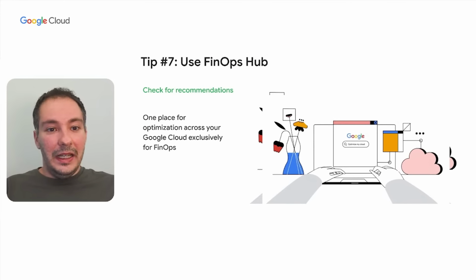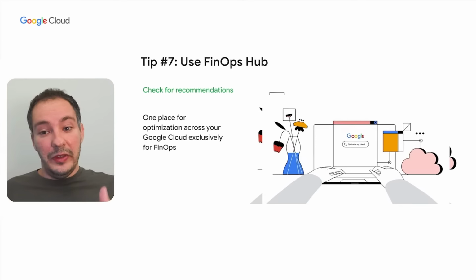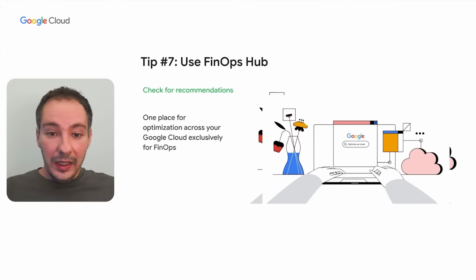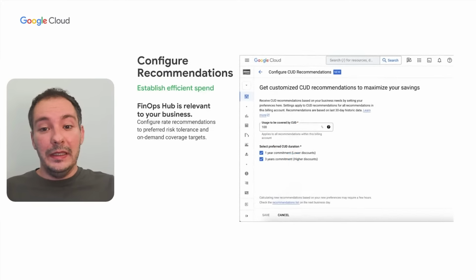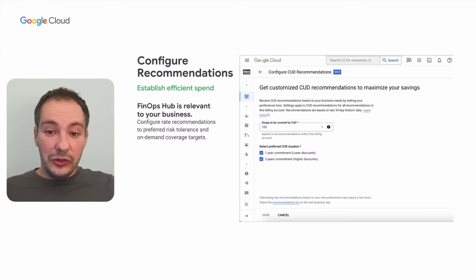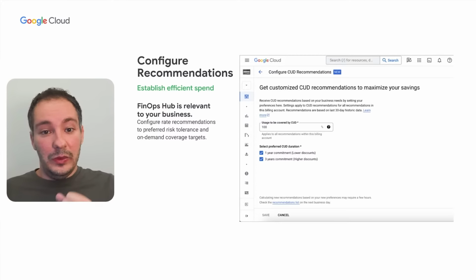Tip number seven, guys. Use FinOps Hub. FinOps Hub is a free service that is available for all users in Google Cloud. Just type FinOps Hub in the search box and you're going to see some savings recommendations. These recommendations are based on your environment metadata, so they are really precise and really important.